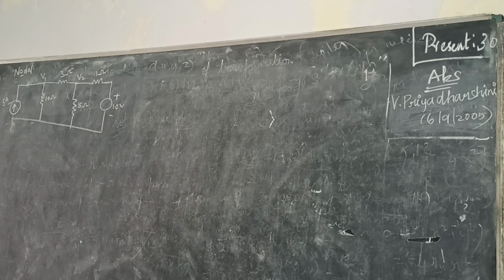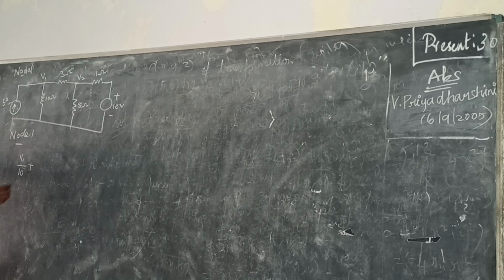Now I am going to write the equation for node 1. I is equal to V by R, isn't it? So this 10 ohm, V1 by 10, plus V1 minus V2 by 3, because this 3 ohm lies between these two nodes.